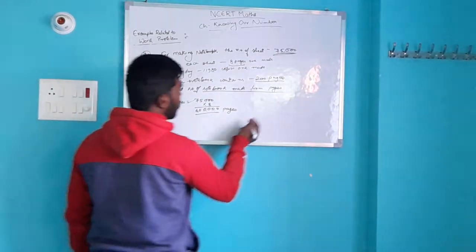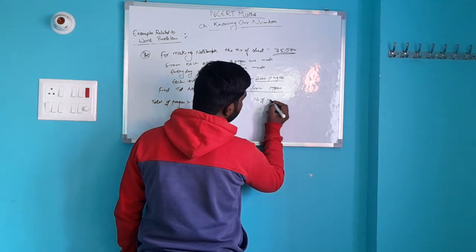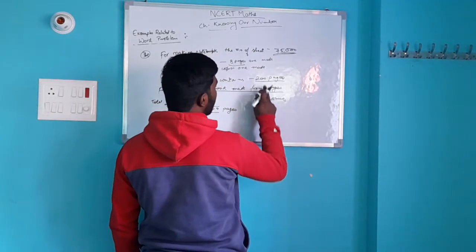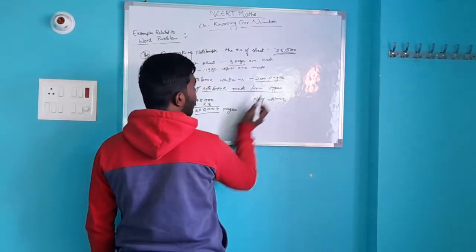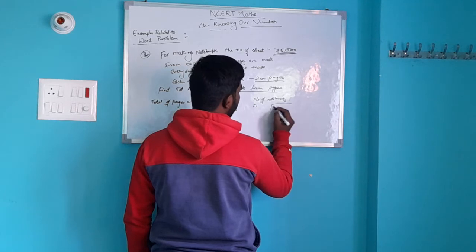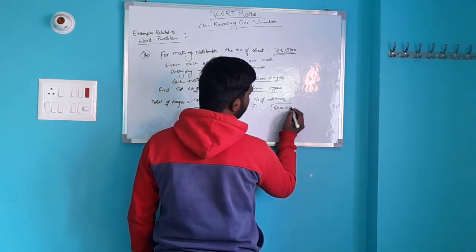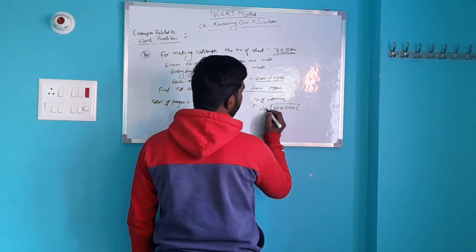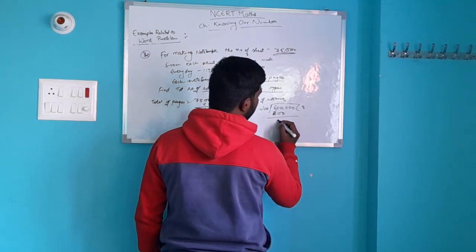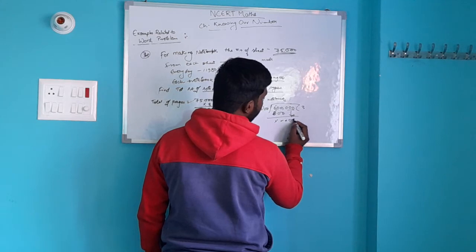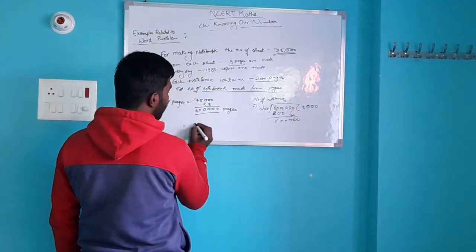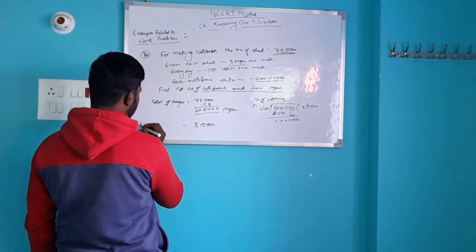So for the number of notebooks, we usually divide the total number of pages by the pages in one notebook, like 6 lakh divided by 200, so we get 3,000 notebooks.